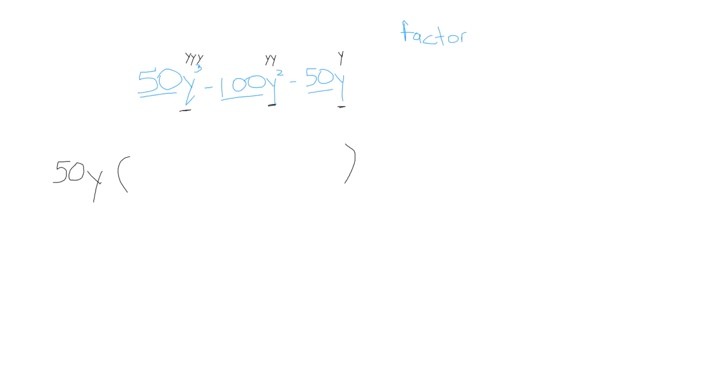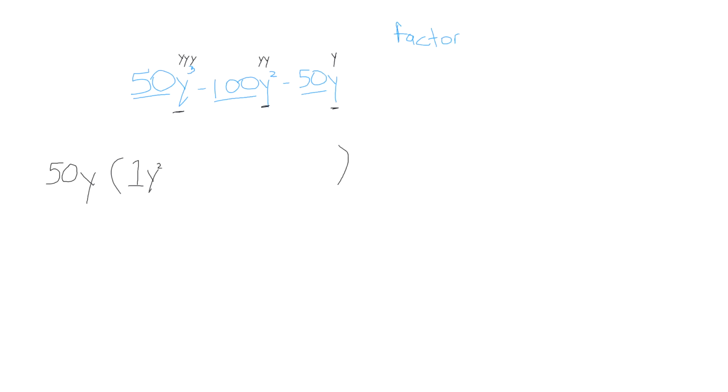I'm going to pretend to divide by this 50y. 50 will go into 50 one time. 1y will go into the 3 y's, and I'll have 2 y's left over. I have a y squared. Minus, 50 will go into 100 twice.